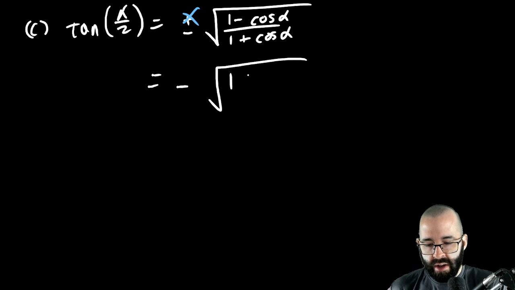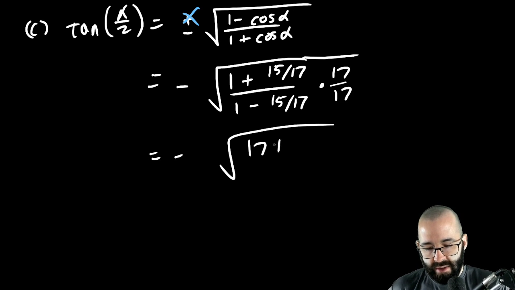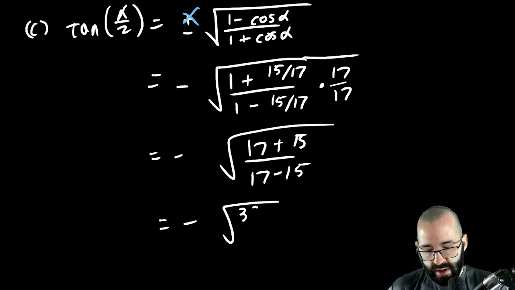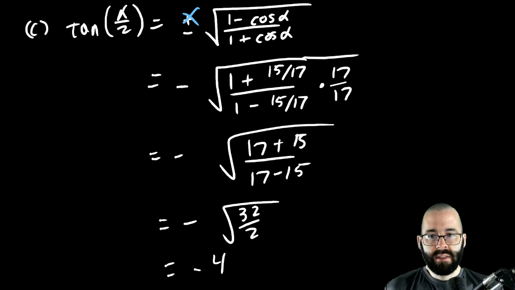We'll have the square root of 1 plus 15 over 17 over 1 minus 15 over 17. Inside the square root, simplify by multiplying by the LCD. Distribute 17 plus 15 over 17 minus 15. And you'll get 32 over 2. Square root of 16. Square root of 16 is 4.